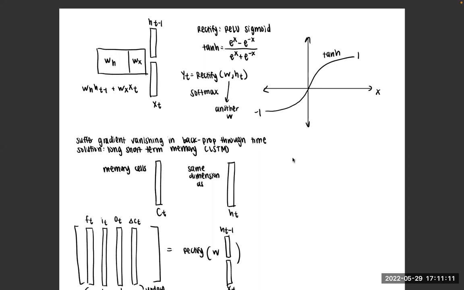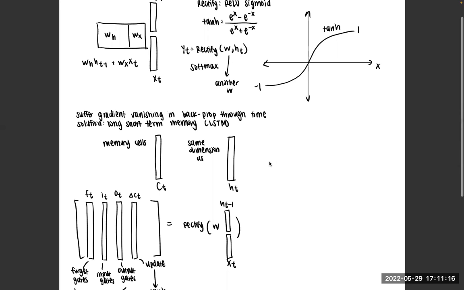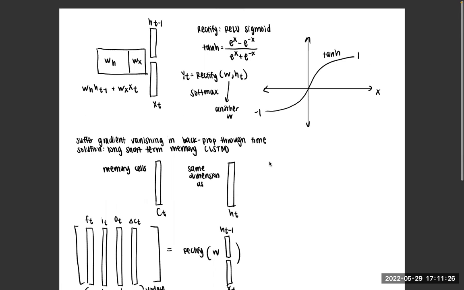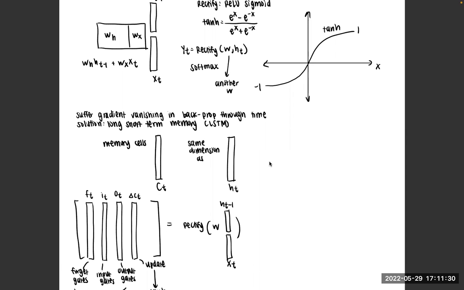So a solution that is extremely influential and now universally used is the long short-term memory, or LSTM. This is a very popular neural network for RNN. It introduces a vector CT, where each element is called a memory cell.